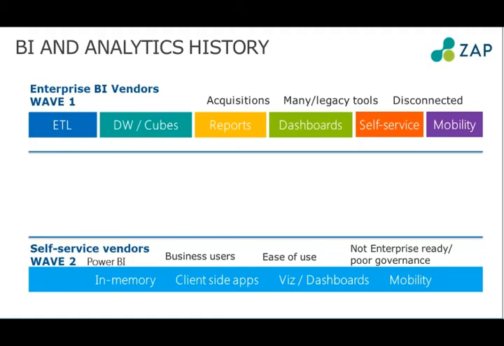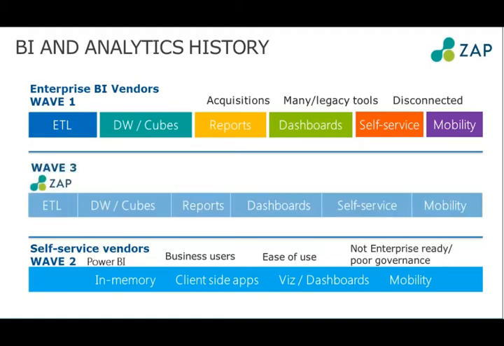So really, where we're getting to is a Wave 3 vendor. And a Wave 3 vendor would have in one product all of the things that you require, from the data management and the cubes to reporting to dashboards to self-service and mobility. It'll have that all in one product. It should have that all in a single architecture, so it should be a new Microsoft-based architecture, hopefully.